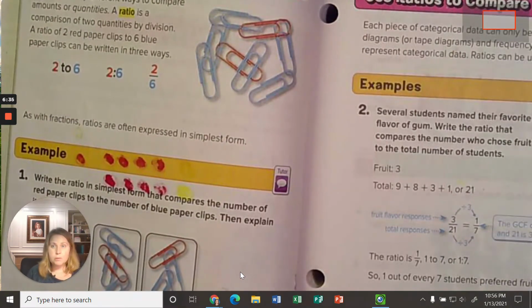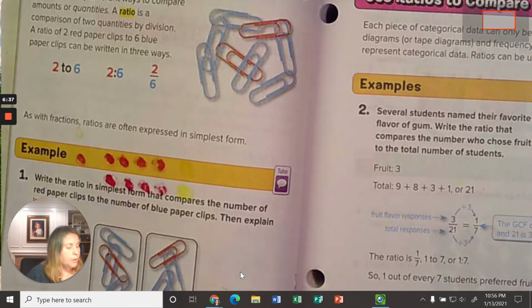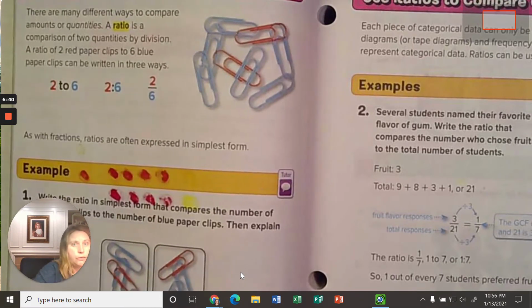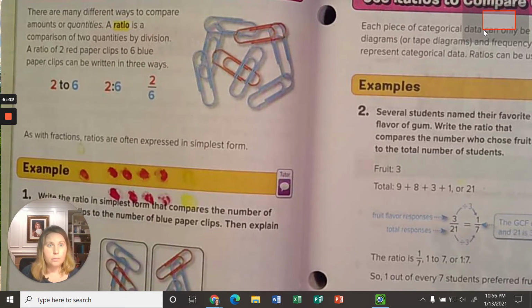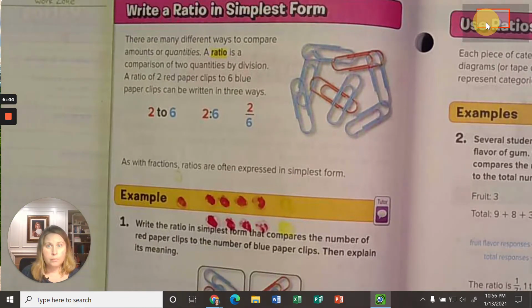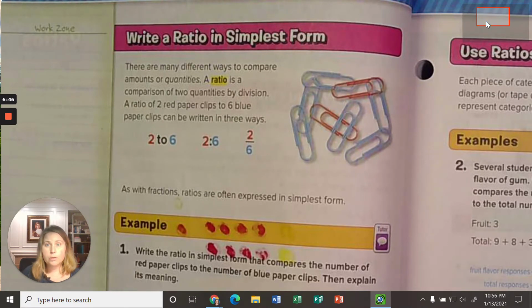Okay, let's turn the page to page 20 and let's look at the paper clips there. Write a ratio in simplest form. There are many different ways to compare amounts or quantities. A ratio is a comparison of 2 quantities by division.